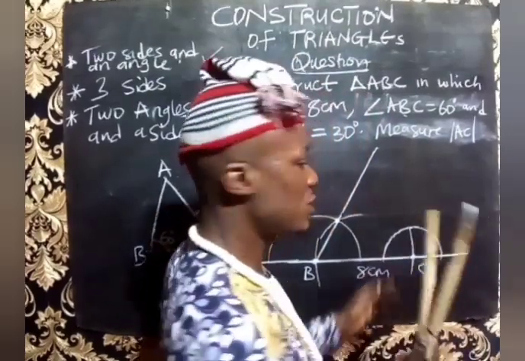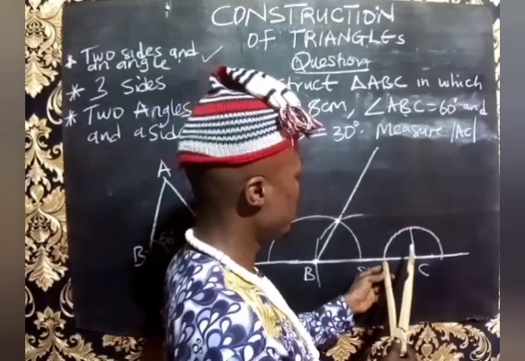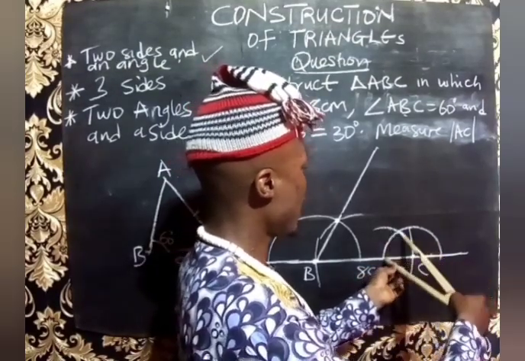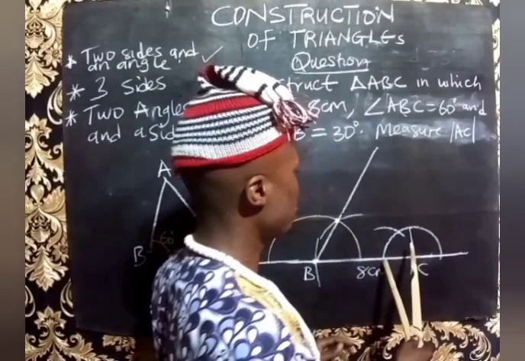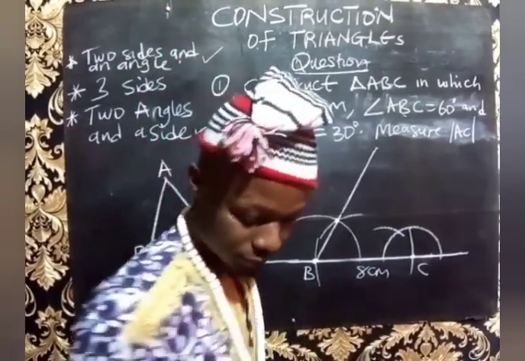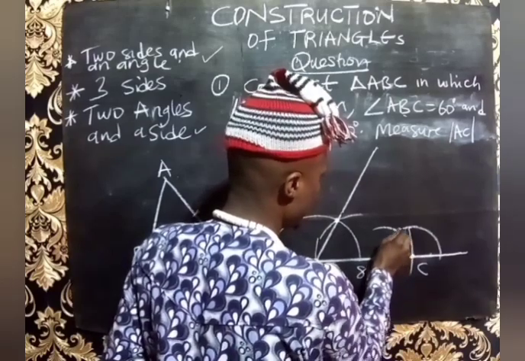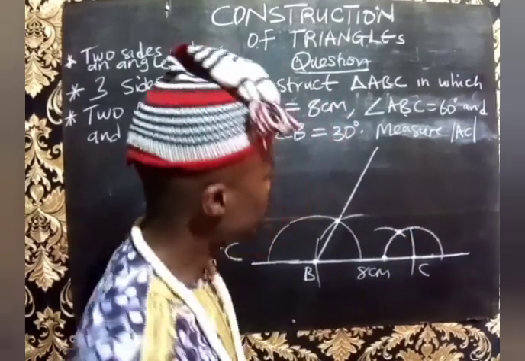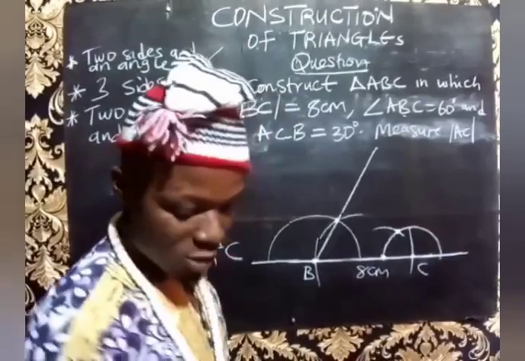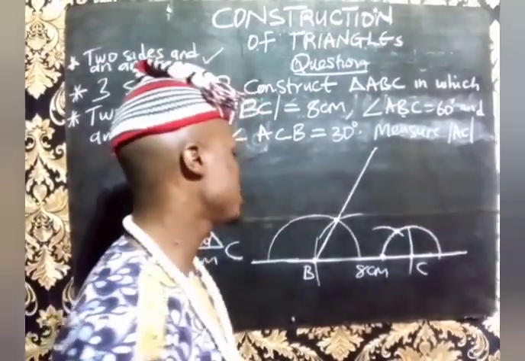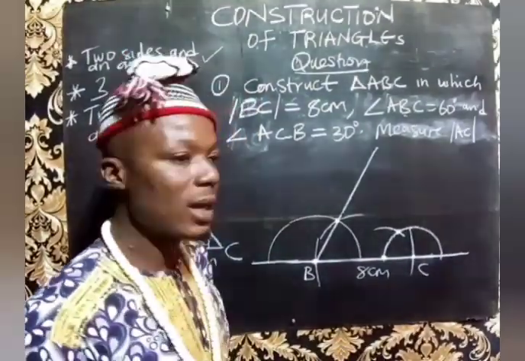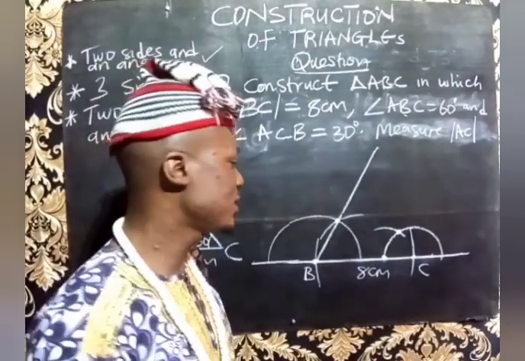Now, don't shake it. From this point, place it again to mark an arc to cut off this semicircular arc you've made. Remember, this angle size from here to here is our 60 degrees. But we don't want 60 degrees. The angle we want is 30 degrees. And because it's 30 we have to bisect that 60 degrees.